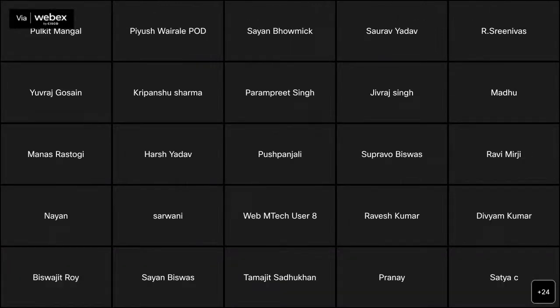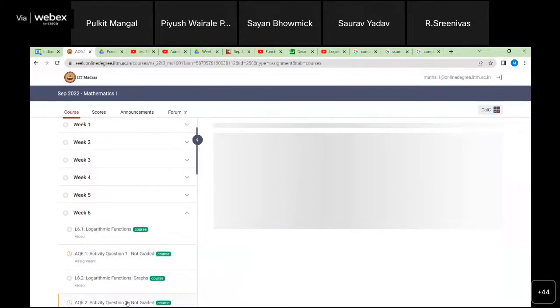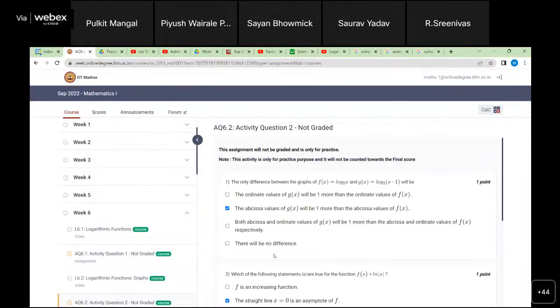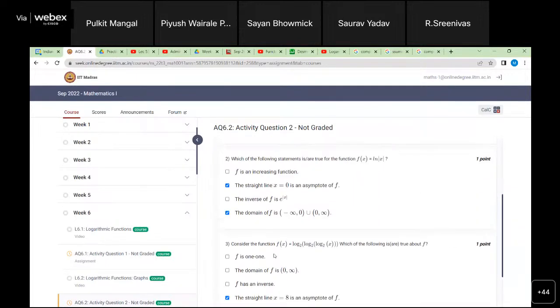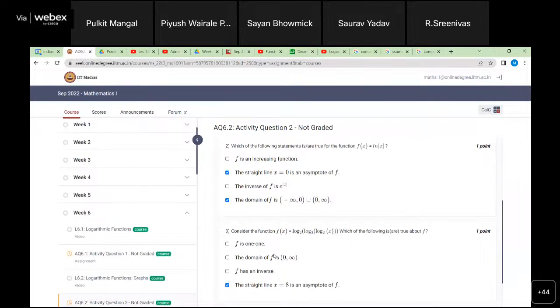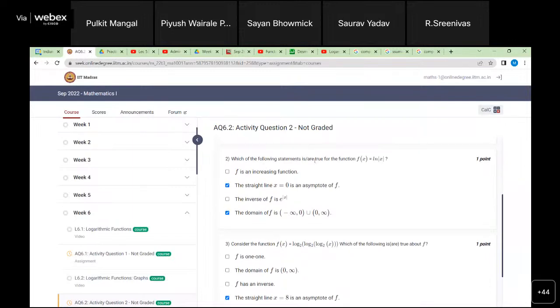Activity 6.2, question number 2 and 3. Which of the following statements is true for the function log of mod of x?